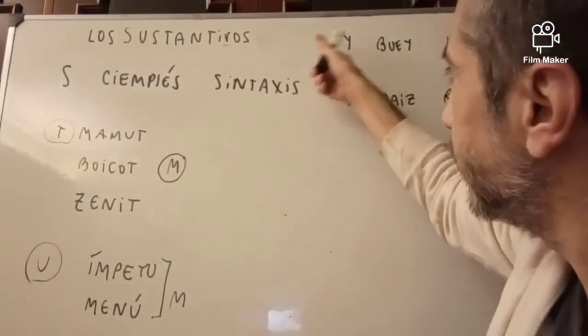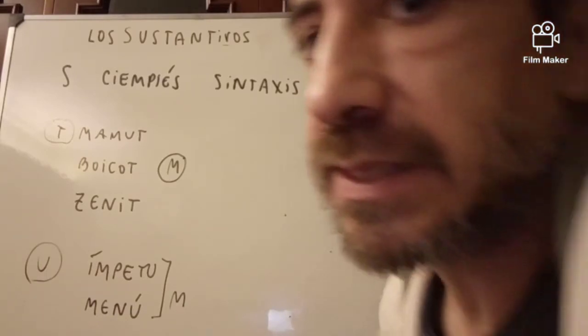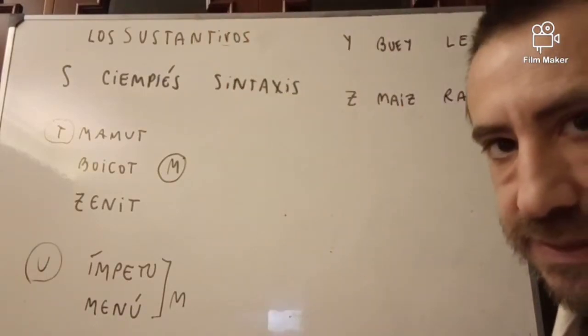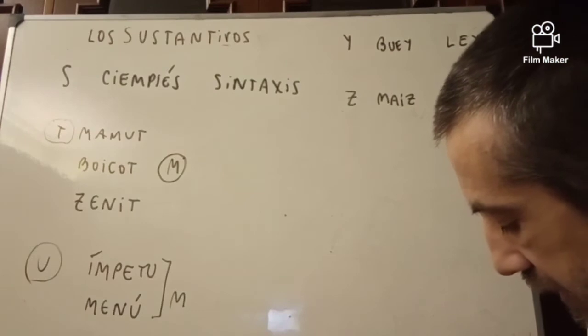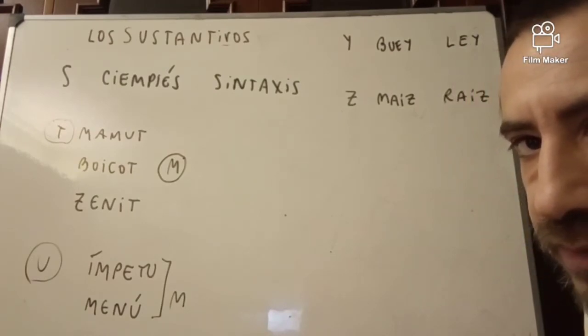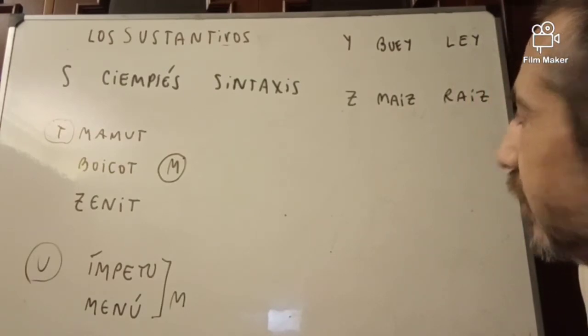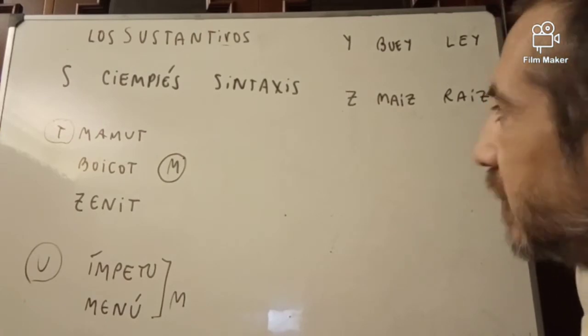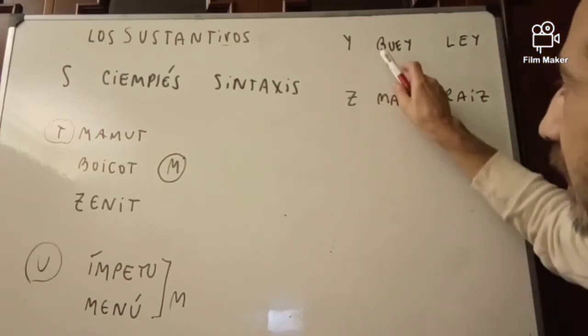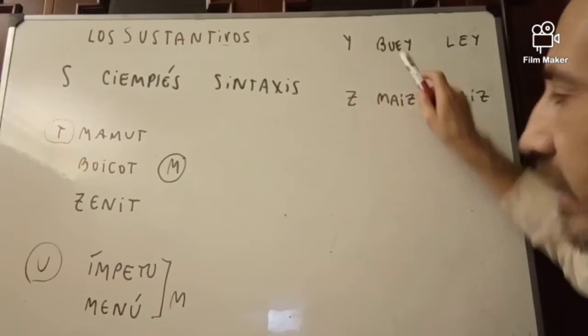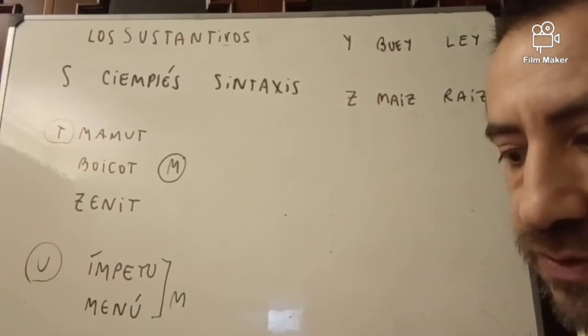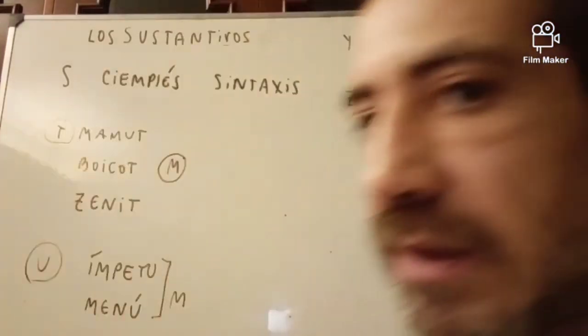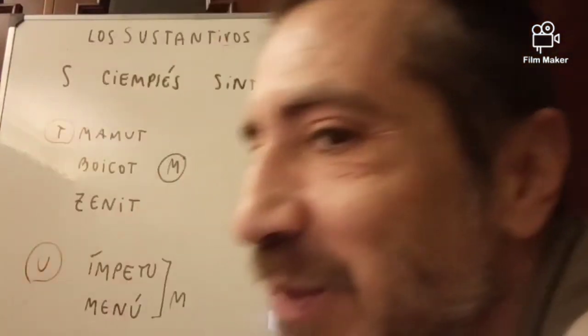Ending with y, there are not many cases, but the few cases that we have can belong to one gender or to the other. This is masculine. El buey, this is the animal, the ox. I wrote it down here to remember.